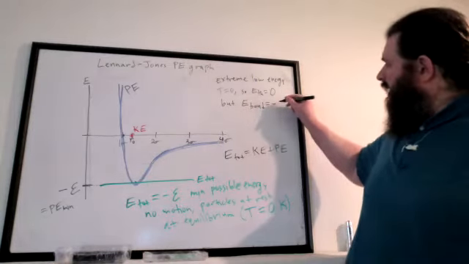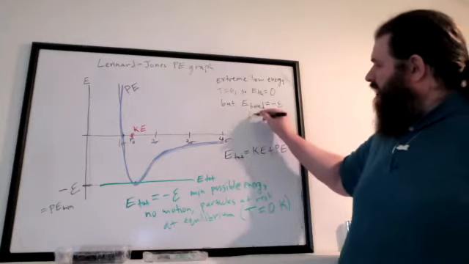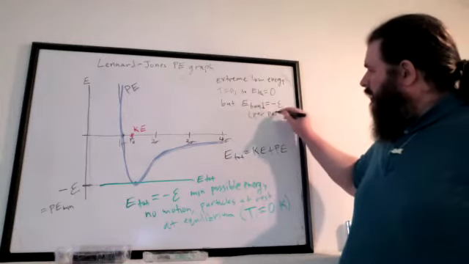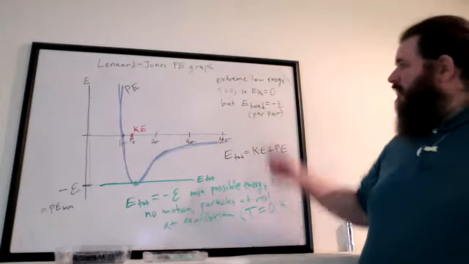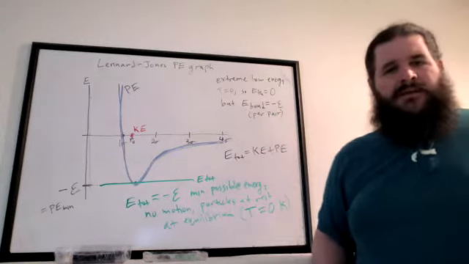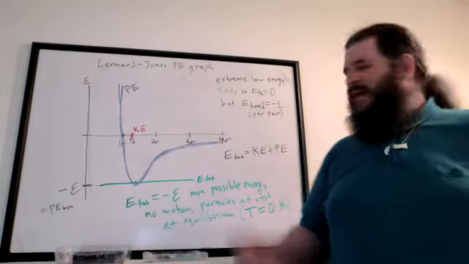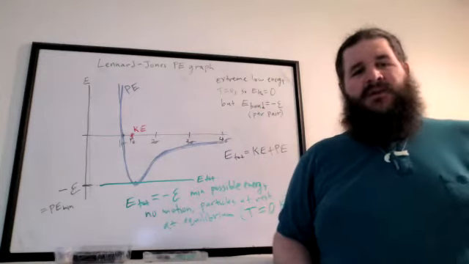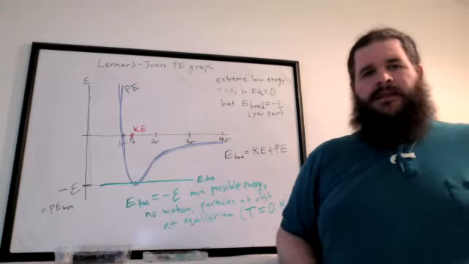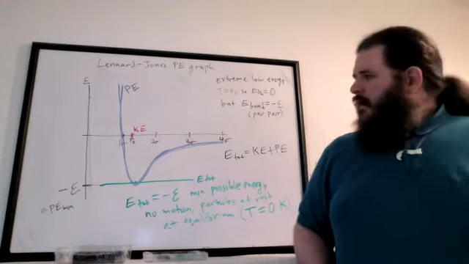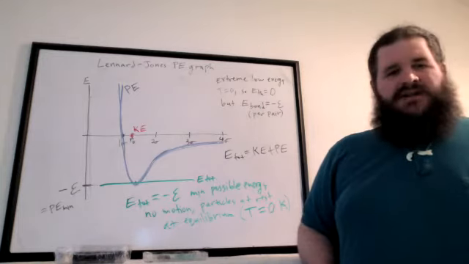So E bond would be negative epsilon, at least negative epsilon per pair. If you just got one pair of atoms at rest at equilibrium, their bond energy is negative epsilon. If you've got lots of atoms, you'd have to take negative epsilon multiplied by the number of pairs. Not the number of atoms, but the number of pairs. And that would tell you the bond energy.